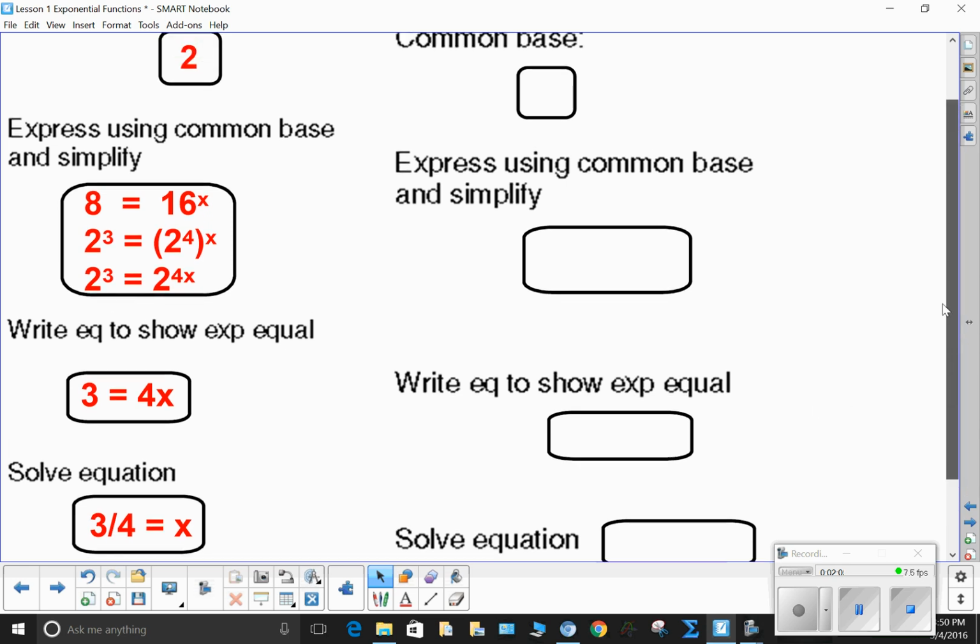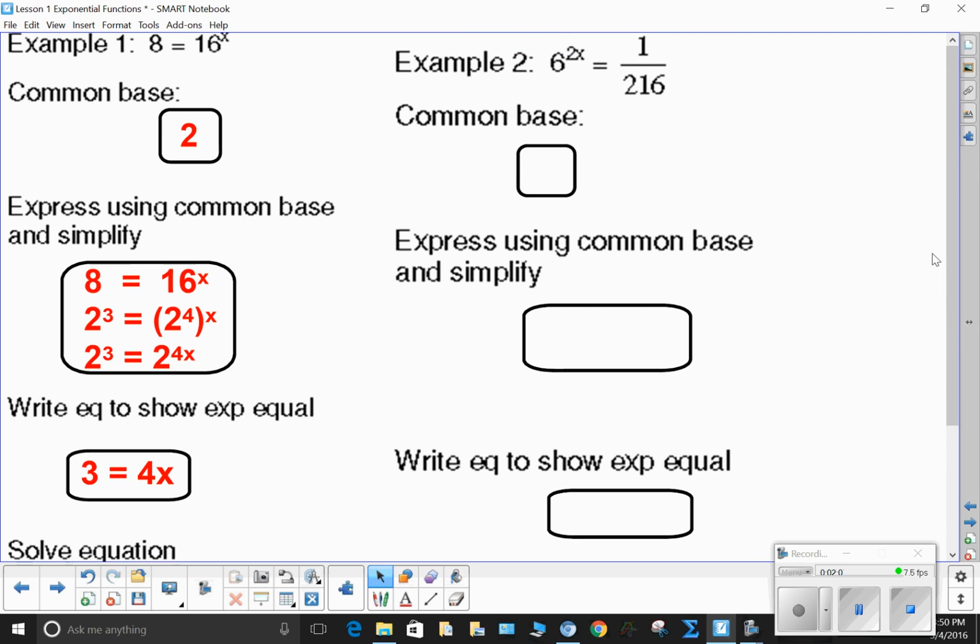How about this other one? 6 to the 2x is equal to 1/216th. Well, 6, I really don't have another base to write that in, because it's not 2 to something or 3 to something. 4 and 5 don't go into it evenly. Well, let me think.